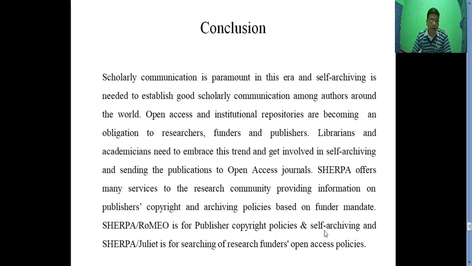SHERPA offers many services to the research community, providing information on publisher copyright and archiving policy based on funders' mandates. SHERPA RoMEO is for publisher copyright policy and self-archiving, and SHERPA Juliet is for searching research funders' open access policy.